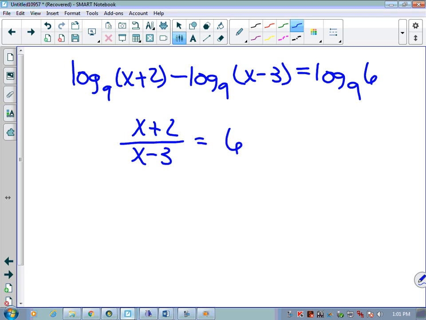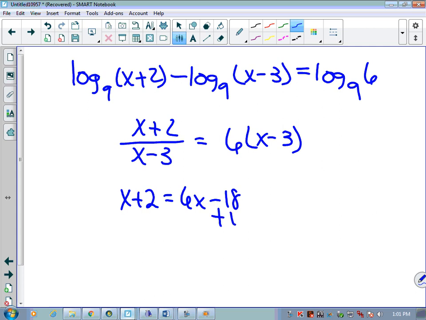If I want to solve from here, I'm going to take the denominator and multiply it. You could multiply the left-hand side by x minus 3 so that it cancels out. I'm going to get x plus 2 equals, distribute the 6, 6x minus 18. Then it's just a matter of isolating x. You could do that a couple different ways.